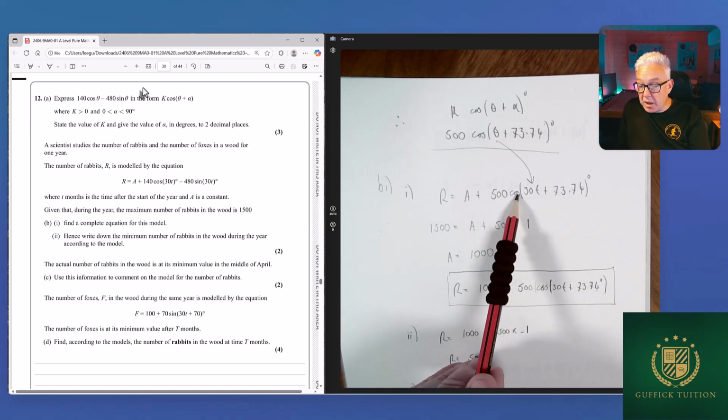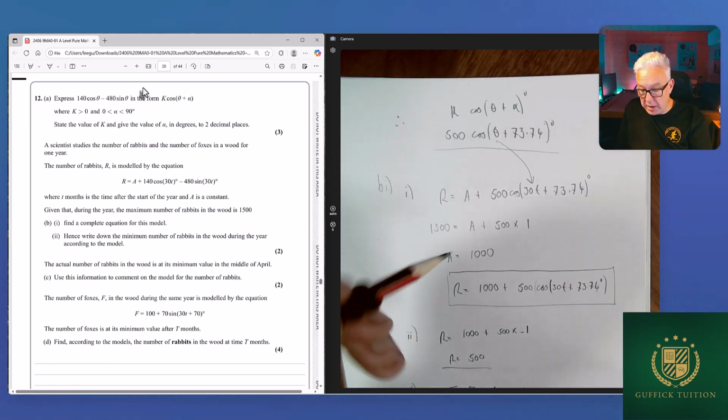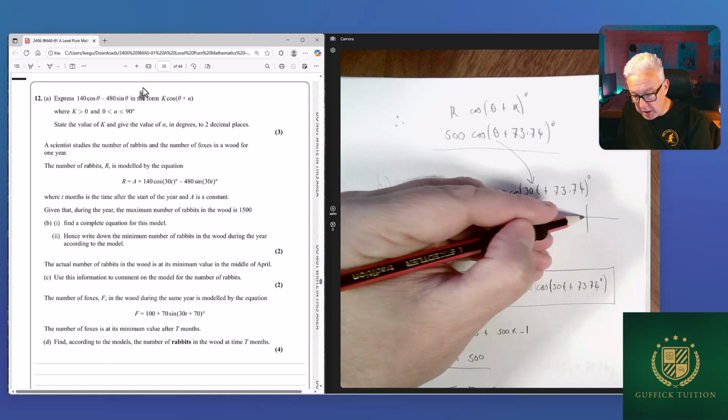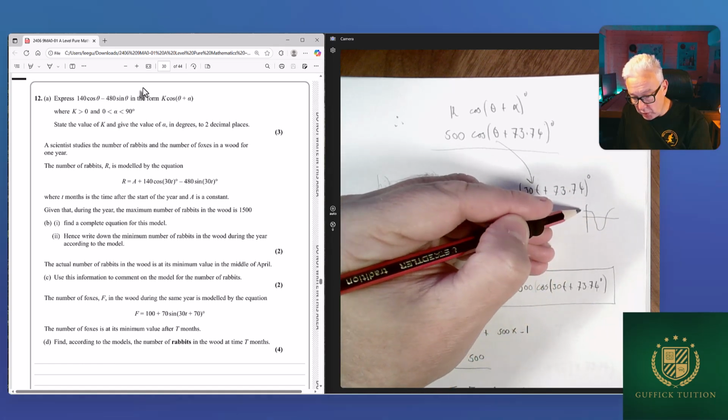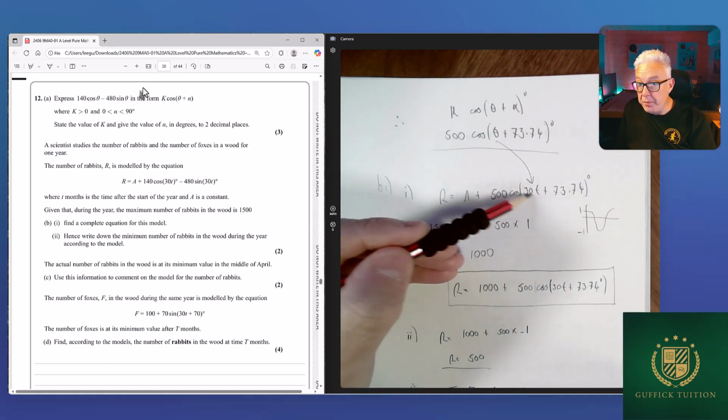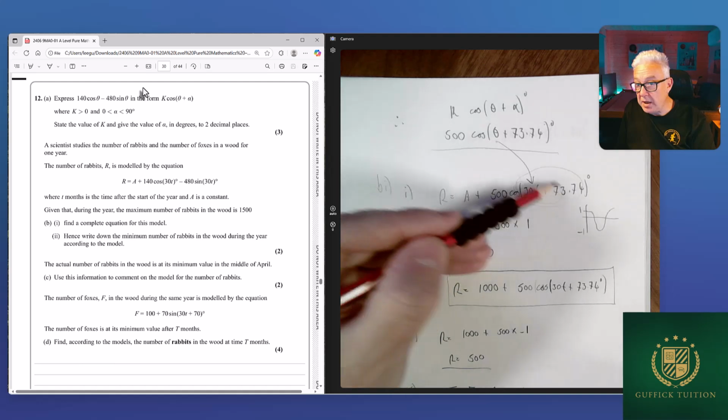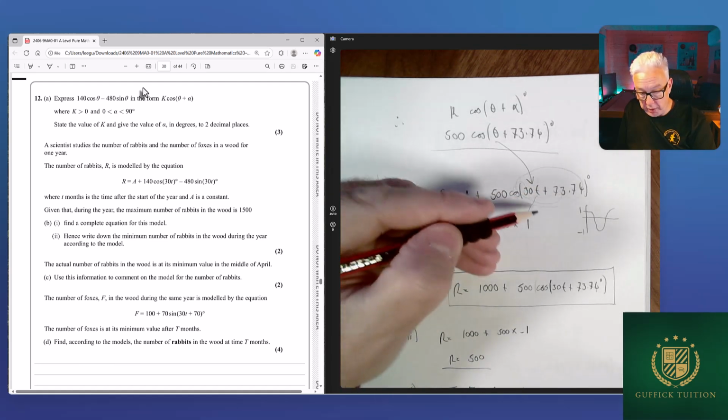The biggest that cosine can be is 1, because cos only goes between 1 and minus 1. So if we want the biggest that this cosine can be, it's going to be 1.